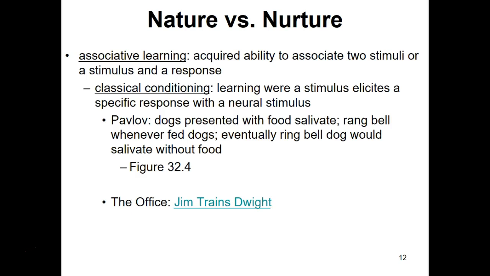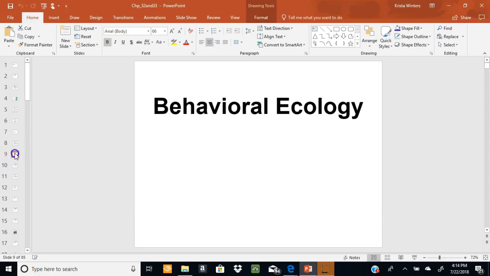Anytime the dogs received food, they would salivate. So he rang a bell whenever the dogs got food, and they associated the bell with food, and eventually when they rang the bell, the dogs would start salivating without any food.